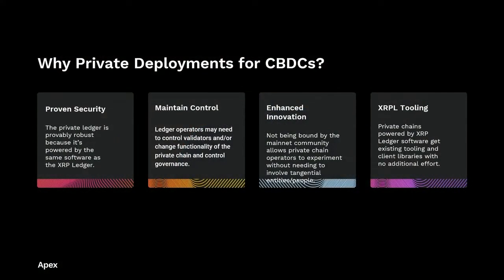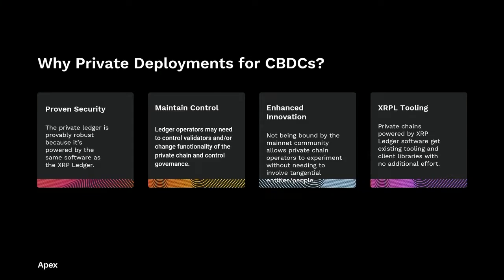It turns out that the first box, the proven security of the ledger, exists in both places, but this yellow middle box is really the key reason. So central banks want to control their national currency. That makes sense. In fact, they have a duty to do that. But we want to be able to allow them to innovate and the XRP Ledger community to innovate independently of each other, because it's natural that between all of the world's countries and our community, interests will be different. And that's a good thing.